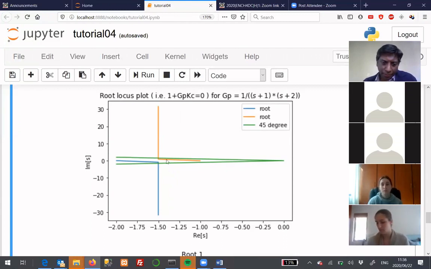Where the root intersects with the 45-degree line, we'll find a Kp value which gives us a moderately decent amount of oscillation. So the oscillation won't be so bad that we are out of control for a different reason, and at the same time, it will be strong enough control action that we get a reasonably timed control response.